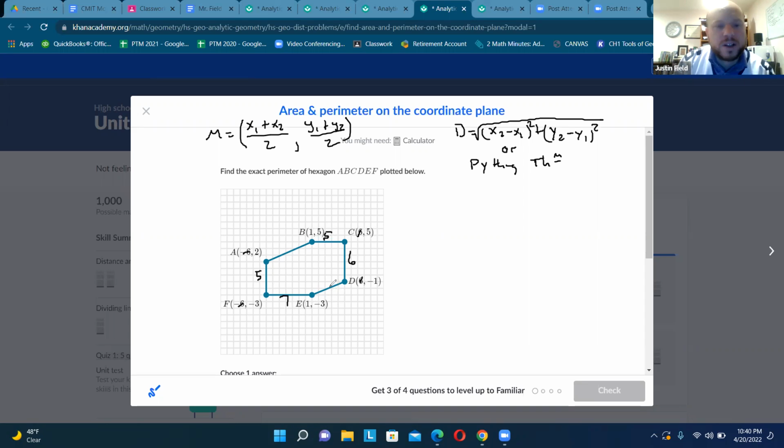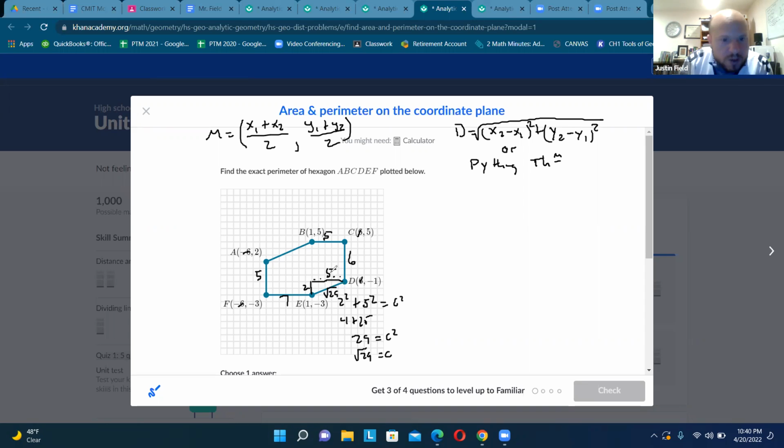All right, so now we got these two diagonal segments. What we're going to do is draw a little triangle. It's got the 2 and then the 1, 2, 3, 4, 5. 2 and 5. So we can just do a quick little Pythagorean theorem. 2 squared plus 5 squared equals c squared. 4 plus 25, 29 equals c squared. So c is equal to square root of 29.